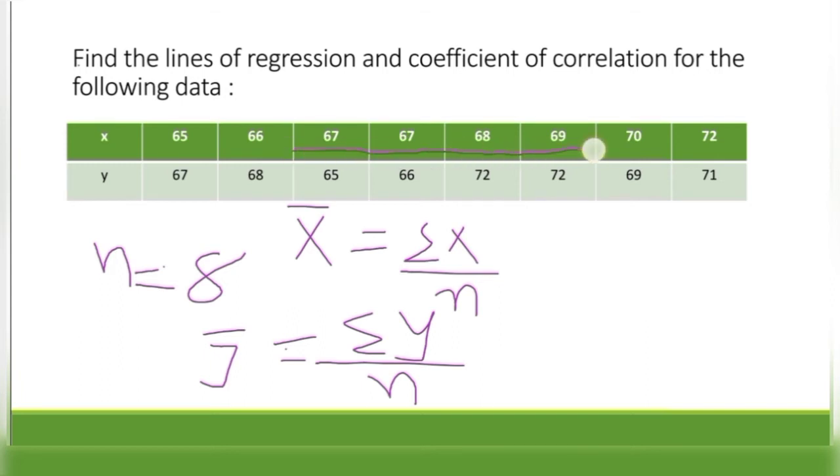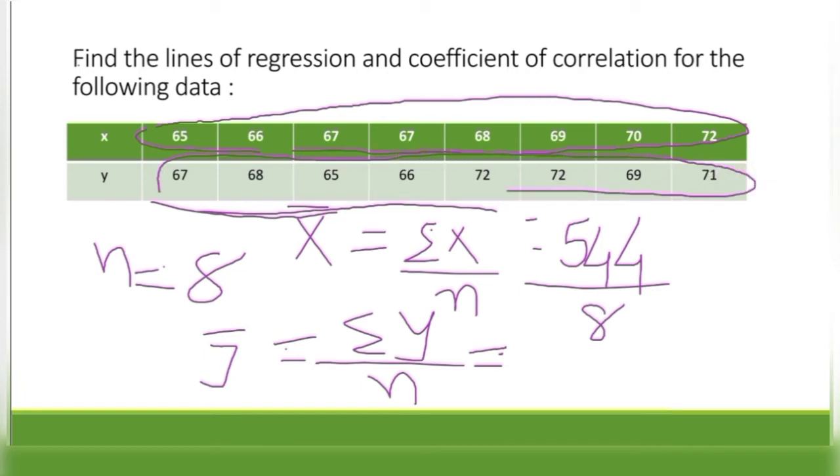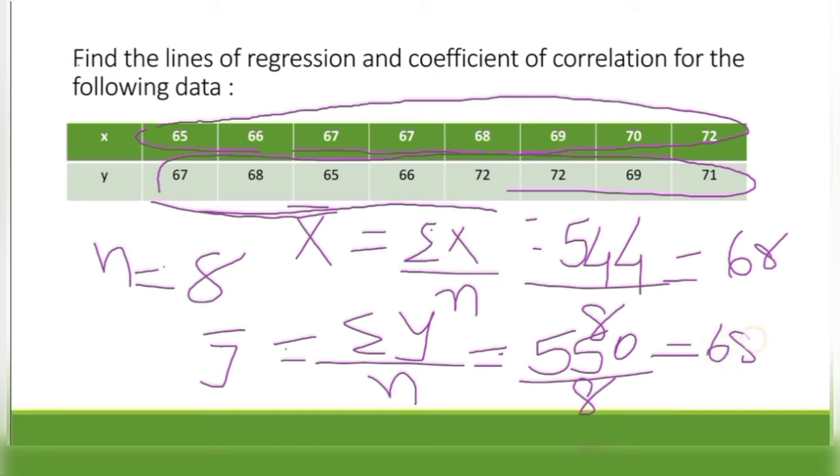Adding all the values of x, you will get sigma x, which comes out to be 544 divided by n, which is 8, and adding all the values of y, that is all these values, you'll get sigma y, which comes out to be 550 divided by n, which is 8. So x bar is equal to 68 and y bar is equal to 68.75.